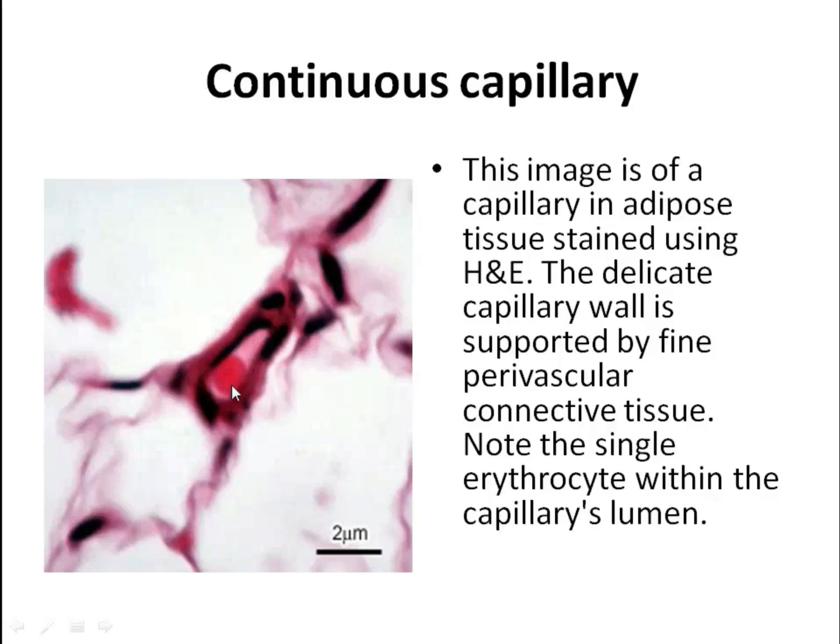So this is capillary here. This is capillary, and this dark portion indicates the endothelial cells, and you can see these endothelial cells forming capillaries. They are supported with these perivascular connective tissues produced from the pericytes.